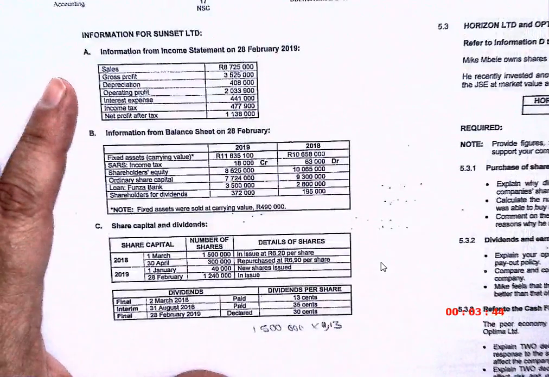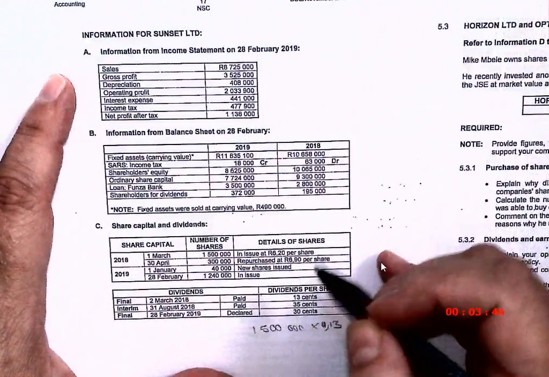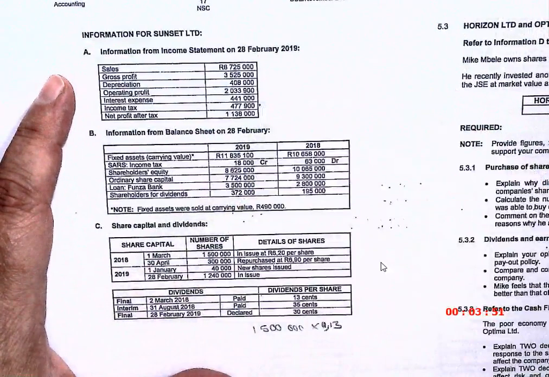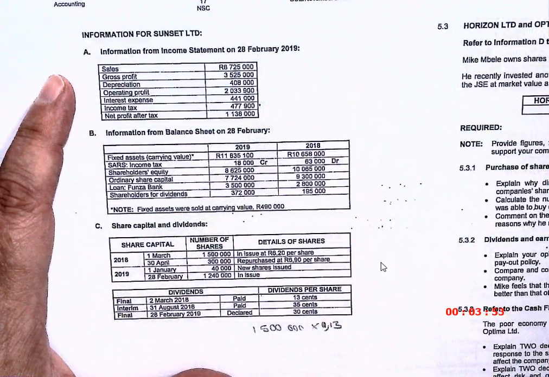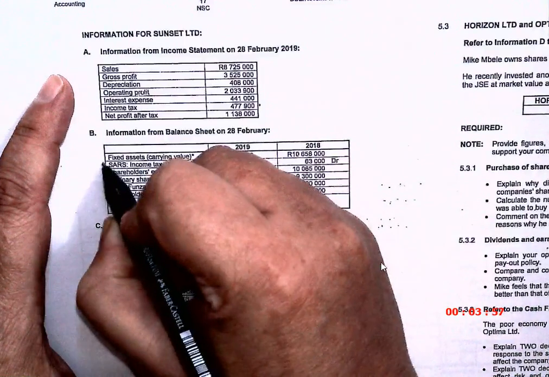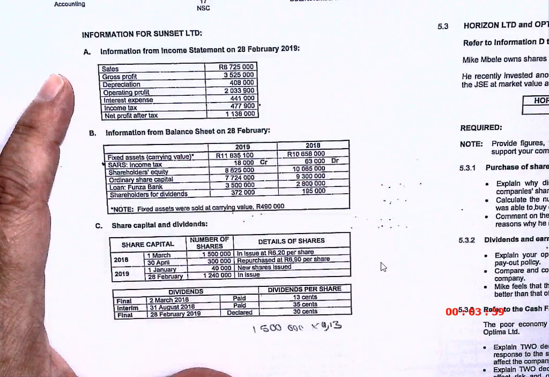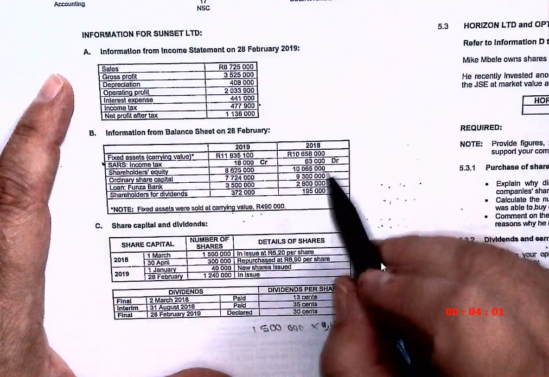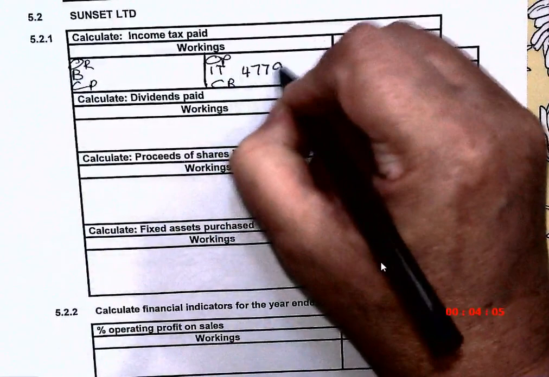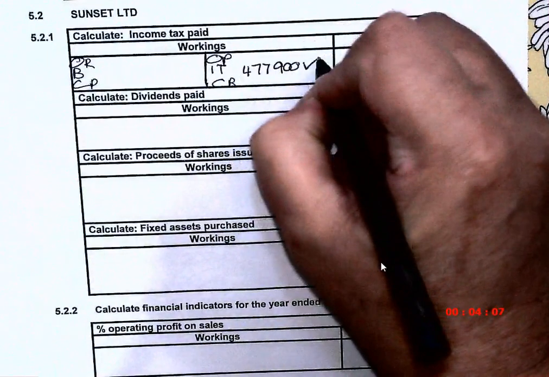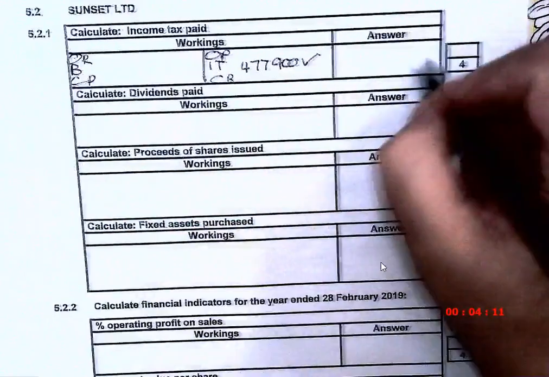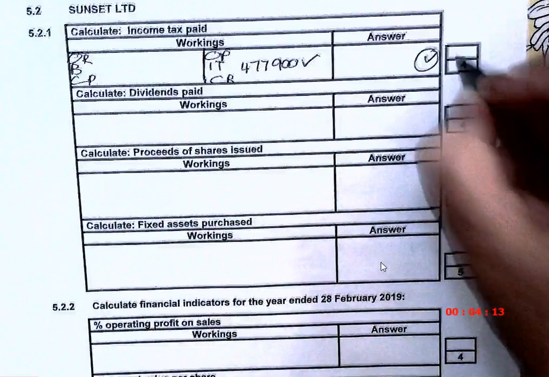Okay. So now let's look at page 17. What am I looking for? Income tax, which is given here. Okay. And the cash. There we go. So I see the income tax is 477,900. Because you've got that right, if you have any other figure there and you have an answer, it means you already got 2 out of 4.